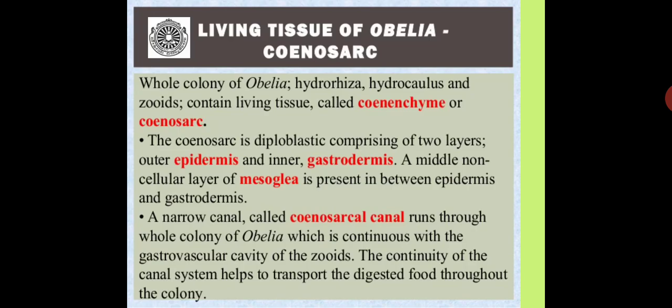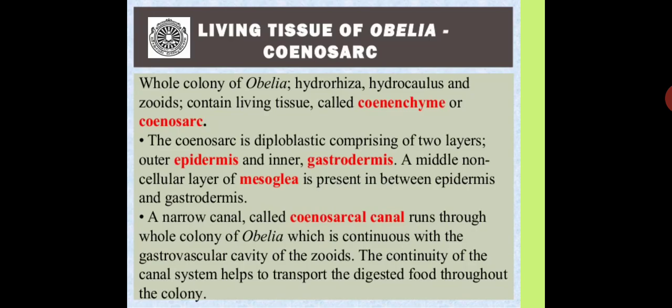Coming to the living tissue of Obelia, which is nothing but coenosarc. The whole colony of Obelia, the hydrorhiza, hydrocaulus, and zooids, contain a living tissue called coenenchyme or coenosarc. The coenosarc is diploblastic, comprising two layers, the outer epidermis and the inner gastrodermis.